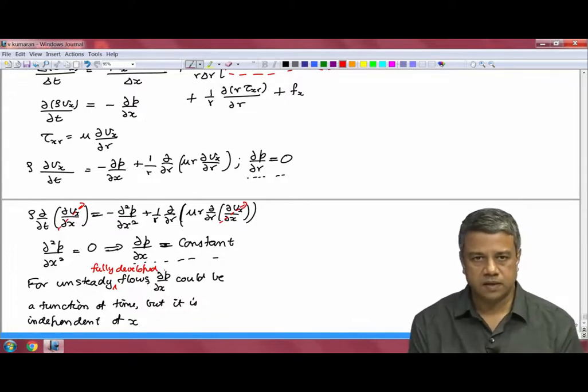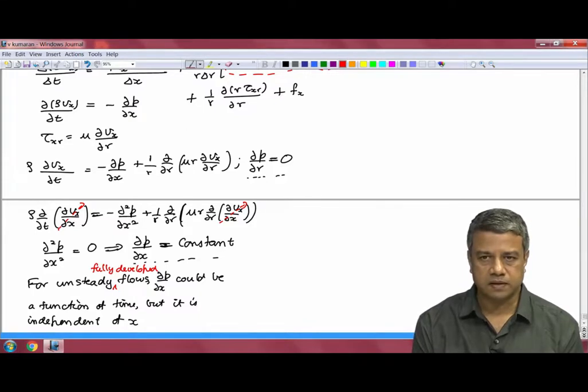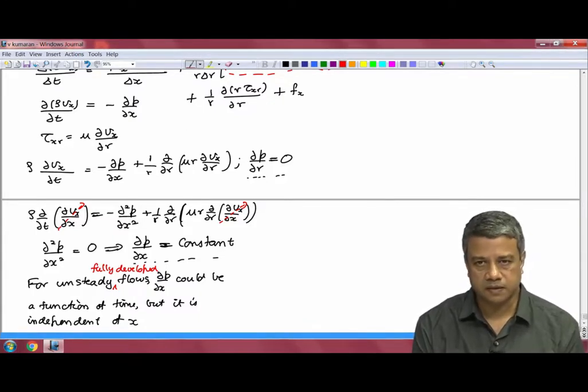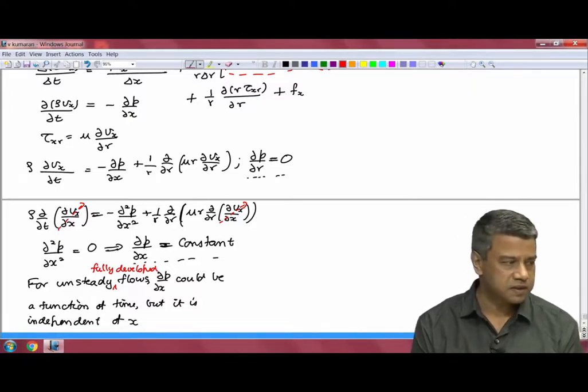For unsteady fully developed flows, this could be a function of time, but it is independent of x. So the derivative with respect to x is independent of x. So it is always a linear profile. That linear profile, the slope could change with time, depending upon the values of pressure at the two ends.